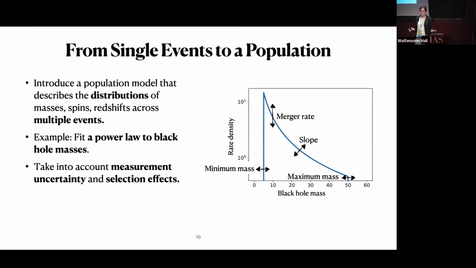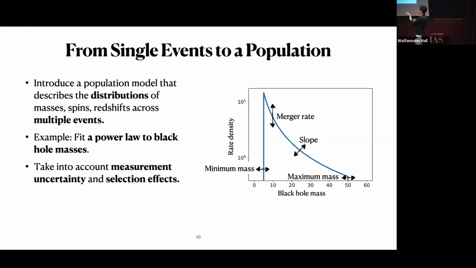So what we really want to do is learn about what the population of these events means. And by that, I mean, what is the merger rate density as a function of black hole masses and spins and redshift? And so to do that, a first step is to introduce a population model that describes the distributions of masses, spins, and redshifts across multiple events.